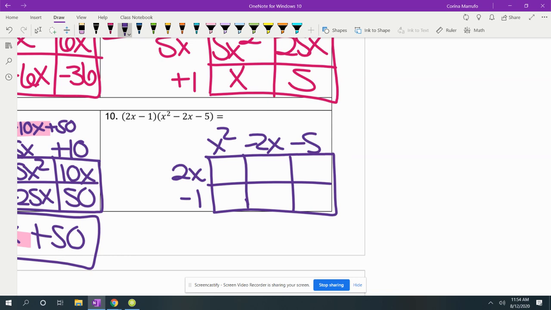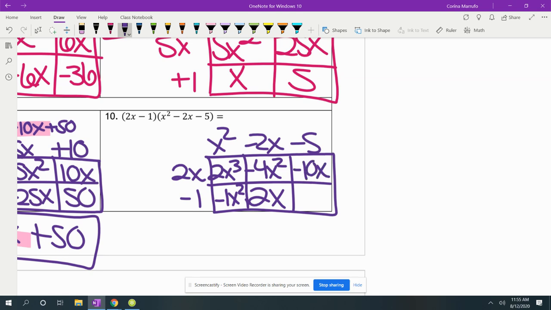And we multiply x squared times 2x is 2x to the 3rd power. X squared times negative 1 is negative 1x squared. Negative 2x times 2x is negative 4x squared. Negative 1 times negative 2x is a positive 2x. And negative 5 times 2x is negative 10x.